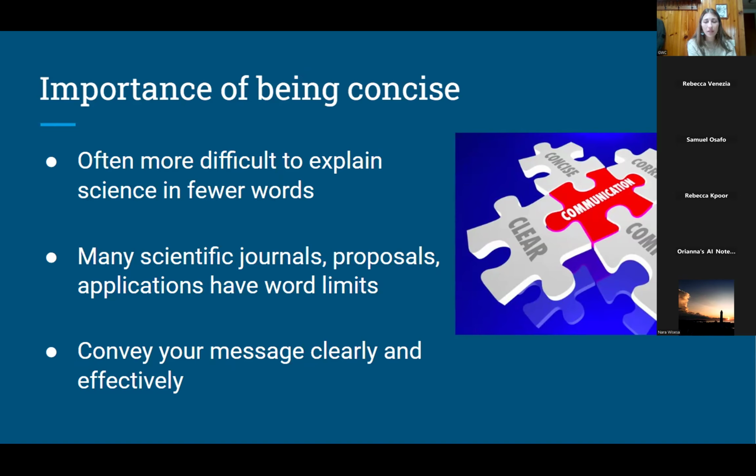So it's important to be concise to hit those word limits. But it can be very difficult to explain science or research in fewer words. So what you really want to focus on is conveying those main themes and the message that you want your reader to really take home. So you want that to be very clear and effectively written in a short but understandable way.